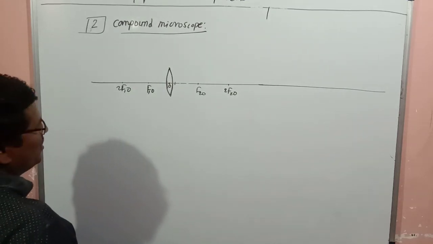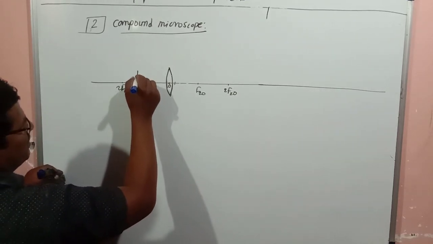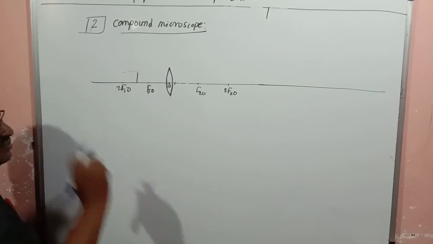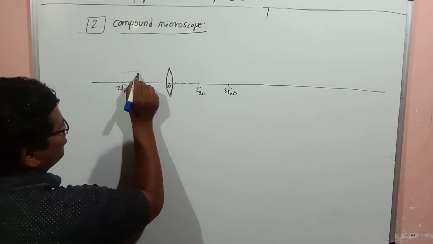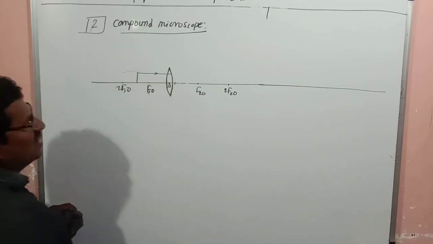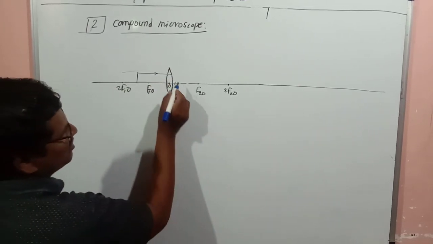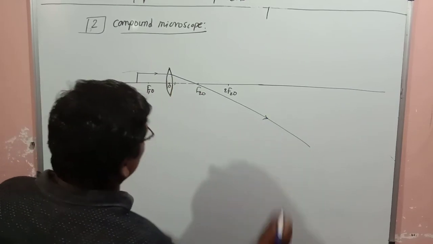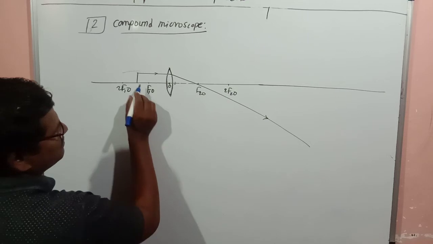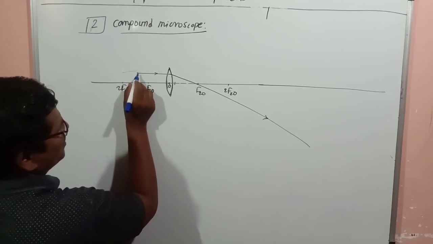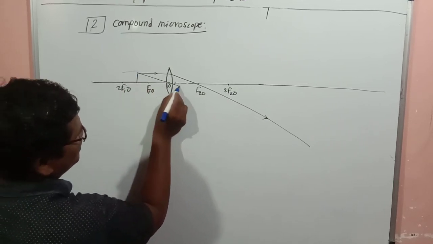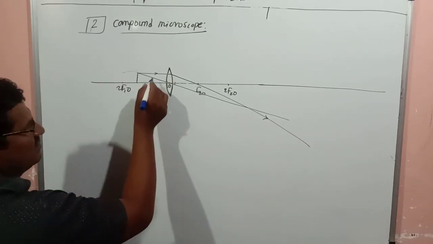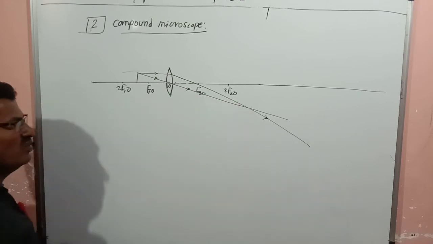So what will happen now? Suppose you keep the object here, between F1 and 2F1. The first light ray is parallel to the principal axis. After refraction it will pass through the principal focus. The second light ray passes through the optical center and goes straight.